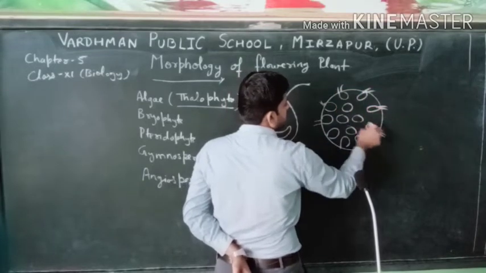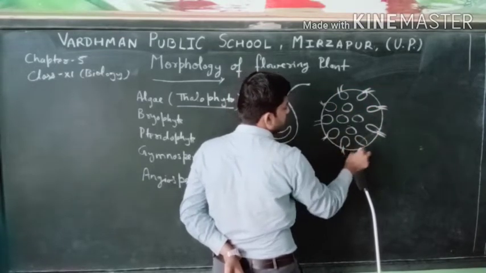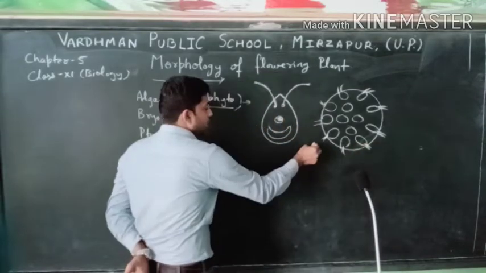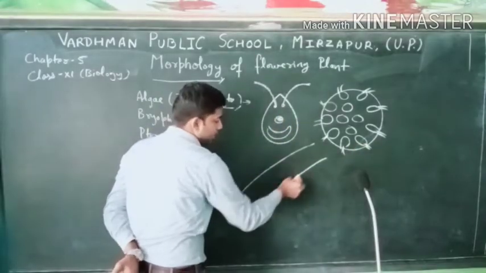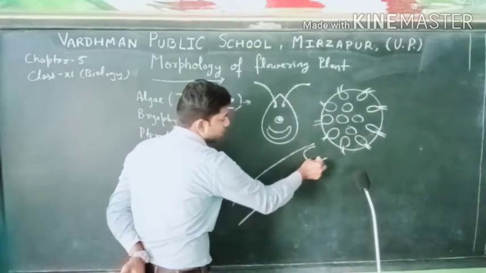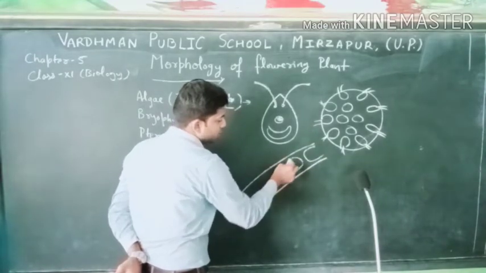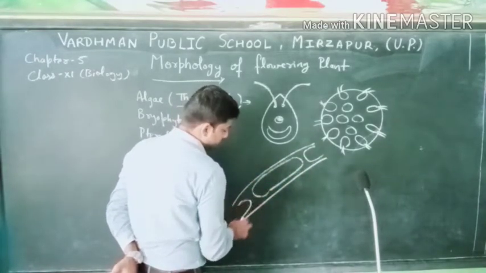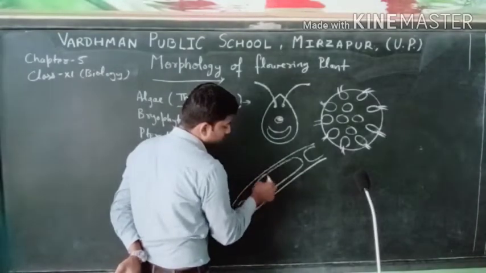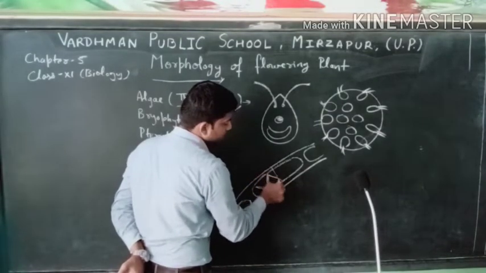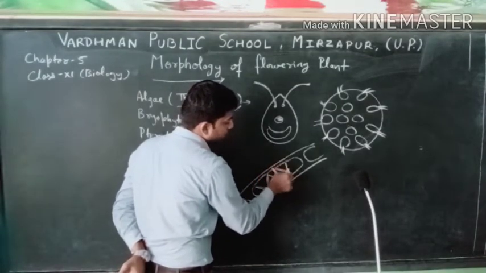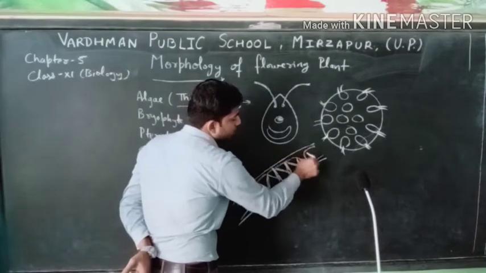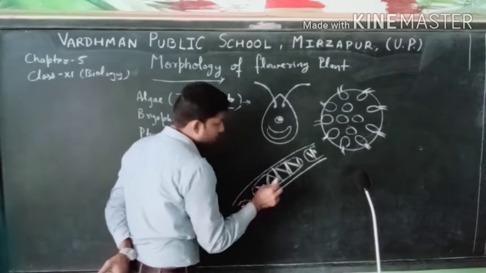Now I take the third example, which is Spirogyra. Spirogyra looks like a thread-like structure, which consists of a number of chloroplasts inside its body.